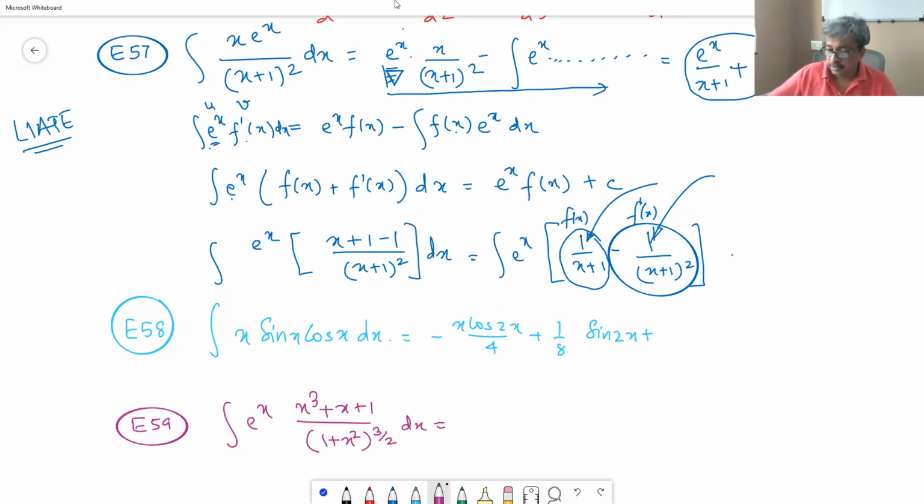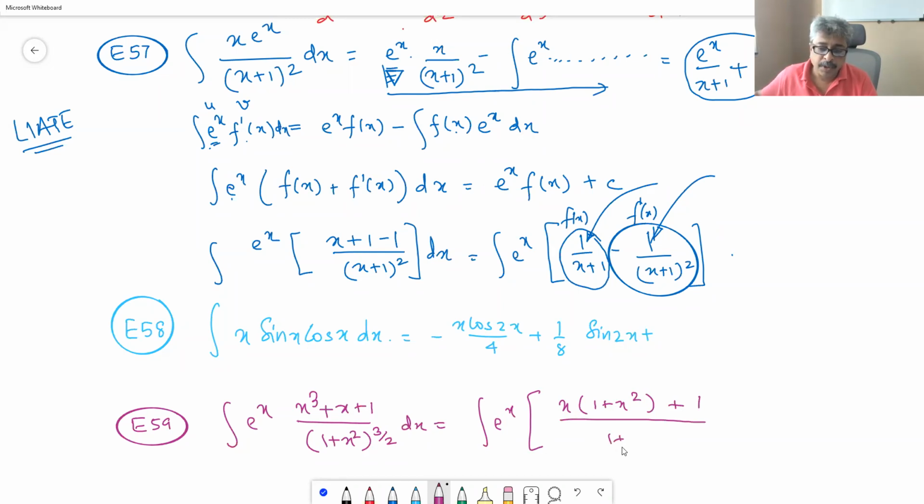So it is given that if you split this algebraic term as x inside bracket 1 plus x square plus 1 divided by 1 plus x square raised to 3 by 2, then we have x getting cancelled.